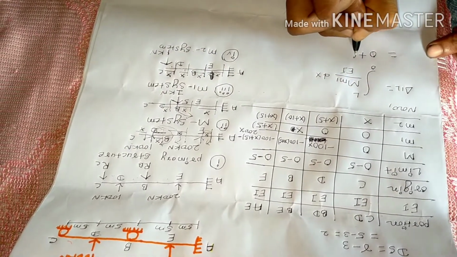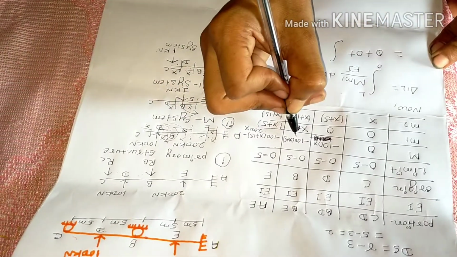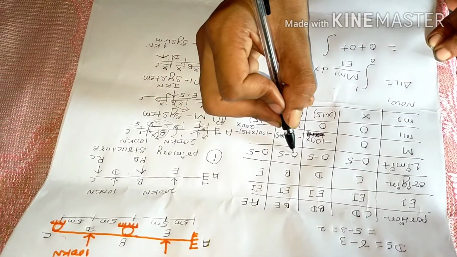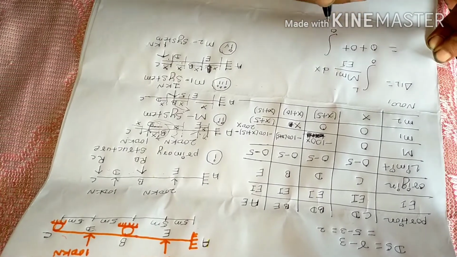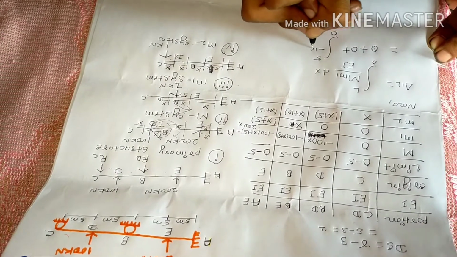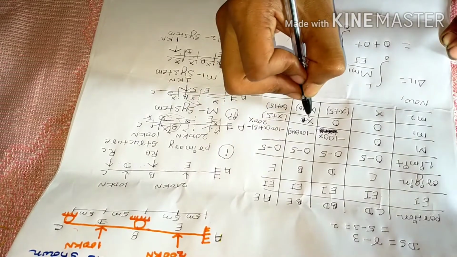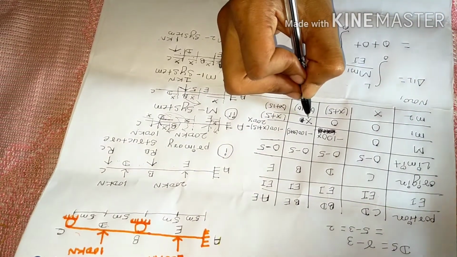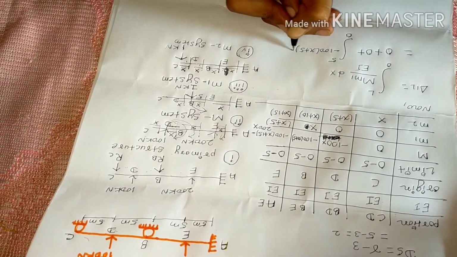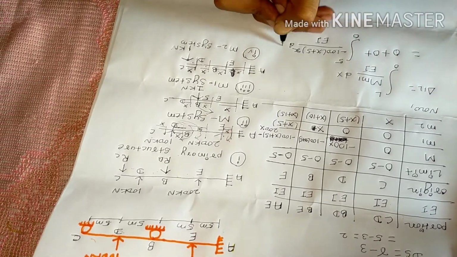So 0 plus 0, plus in portion BE, our limit is 0 to 5, m moment is minus 100 x plus 5, and m1 moment is x, that is minus 100 x plus 5 into x, divided by EI dx.